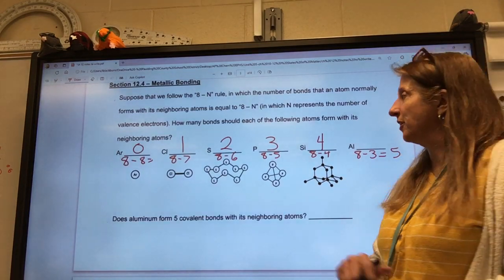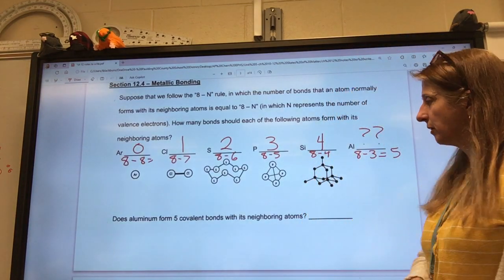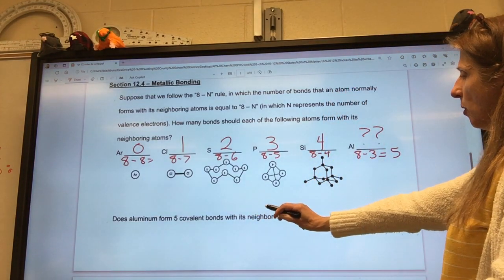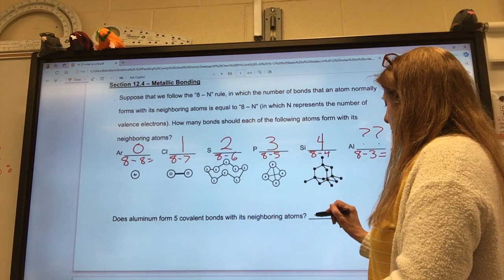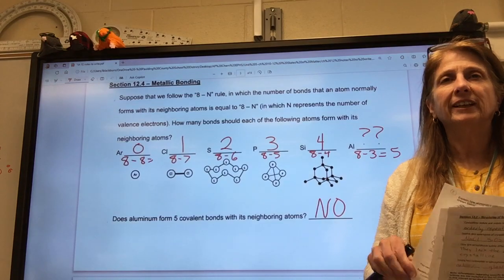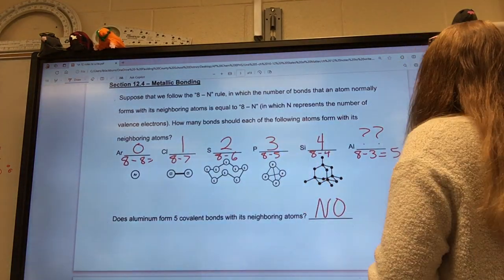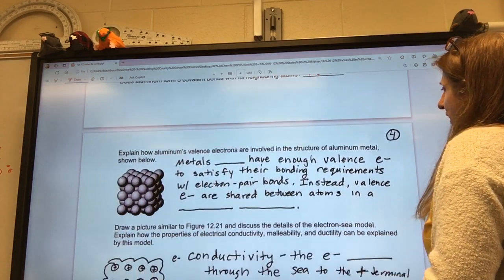No, I see people saying no. So what's going on? Does aluminum form 5 covalent bonds with its neighboring atoms? No. See, you do get to learn something new today. That was it. And maybe a little bit about the different kinds of alloys.